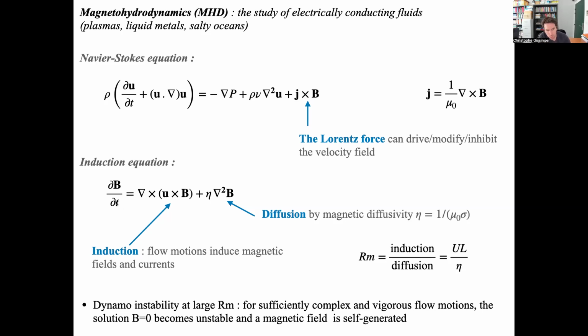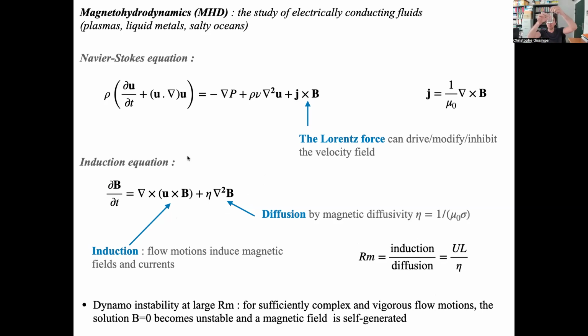Now, it's very clear that B equals 0 is always a solution of this problem. In general, when the magnetic Reynolds number is small, B equals 0 will remain a solution, so you don't have a Lorentz force and you're just doing hydrodynamics. For example, I don't know if you see my camera, I brought a glass of liquid metal here.